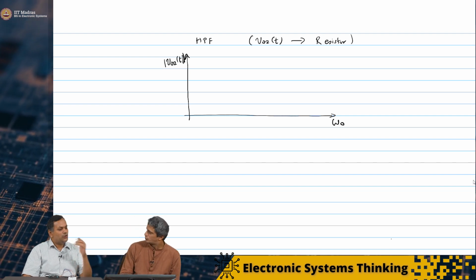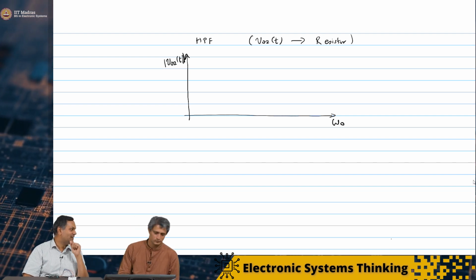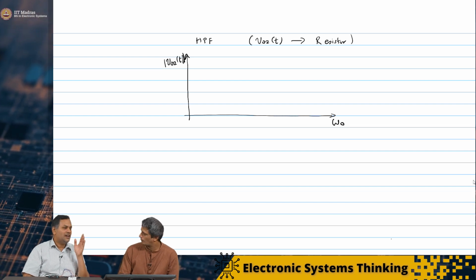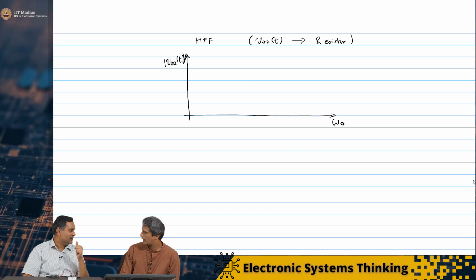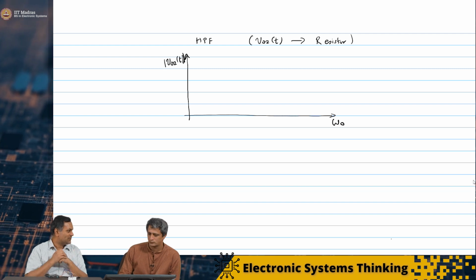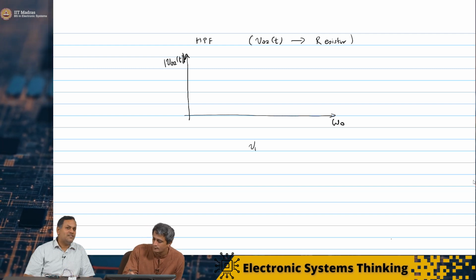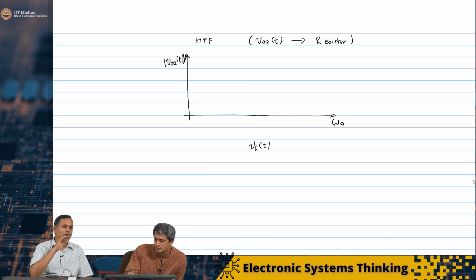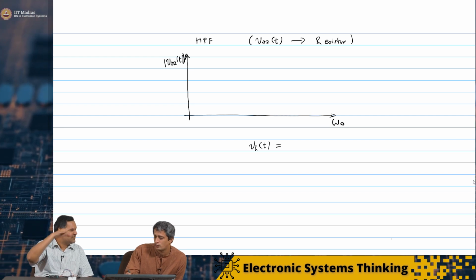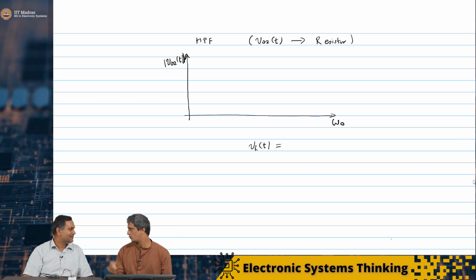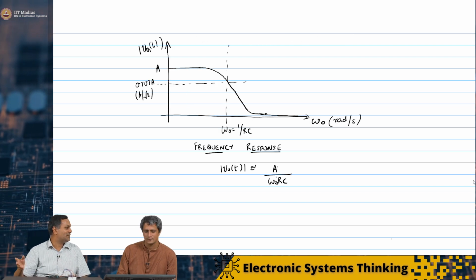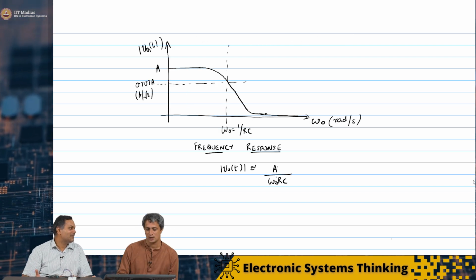I'm going to go back to the same old trick we did in the analysis: the high pass filter looked like the input minus the low pass filter. If I take the previous plot and just plot the input, that would be a constant magnitude.